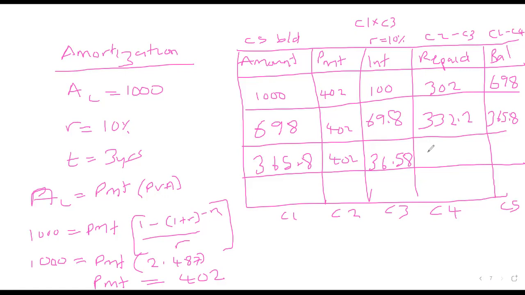And here, how do we get this column? We subtract 402 minus 36.58, which is what? What do we get? 365.4.